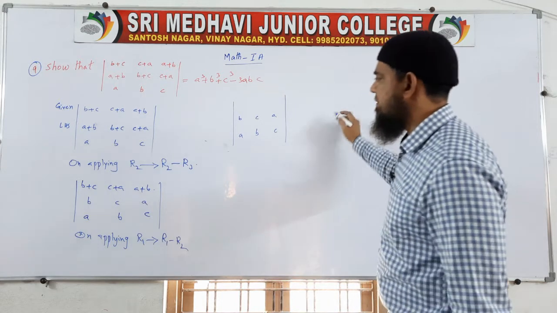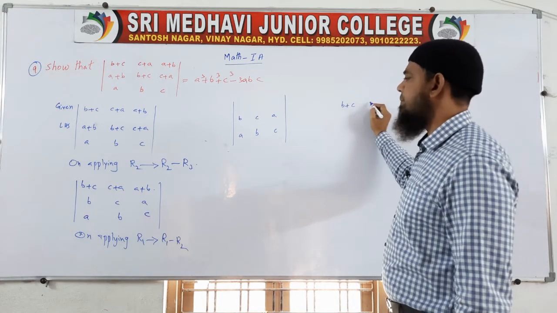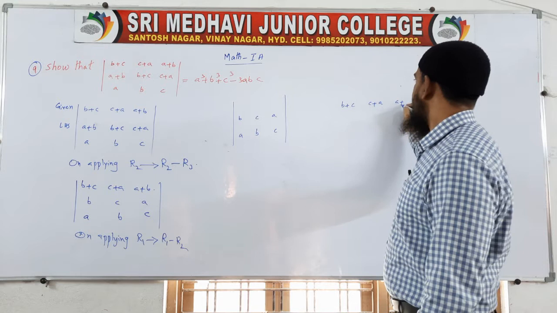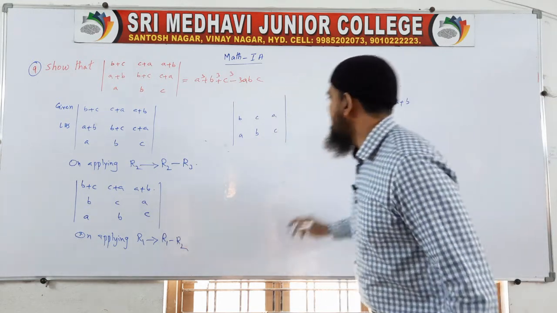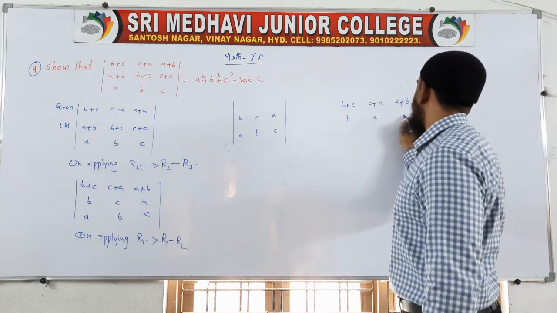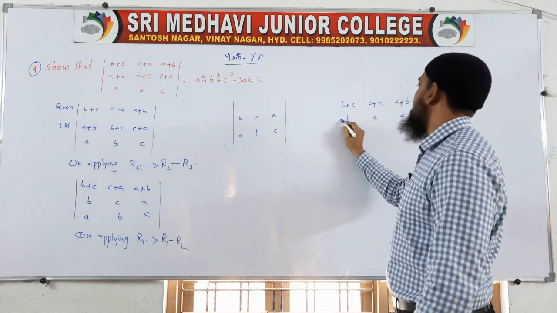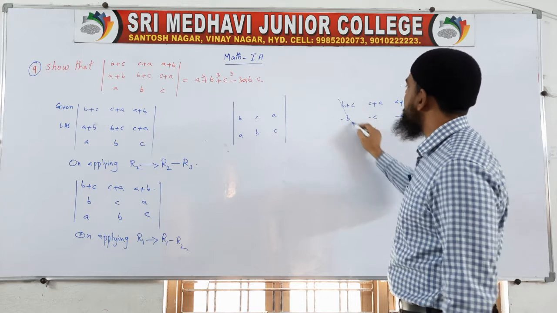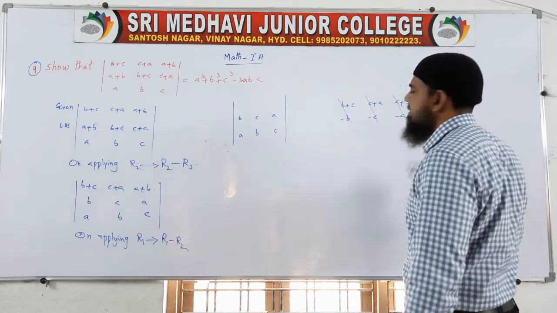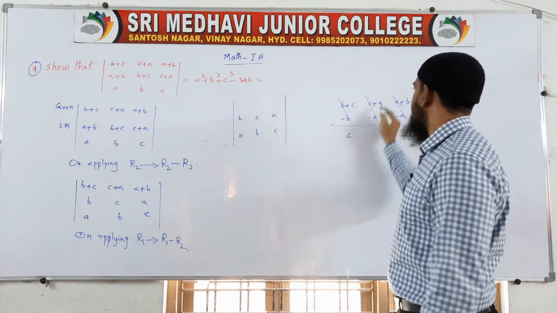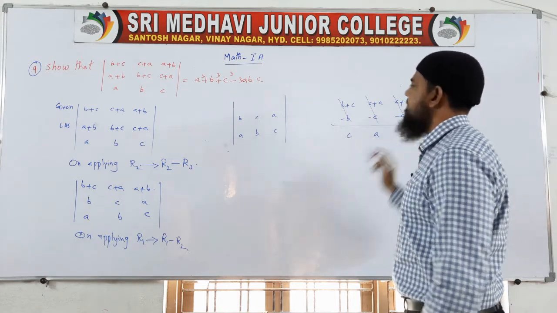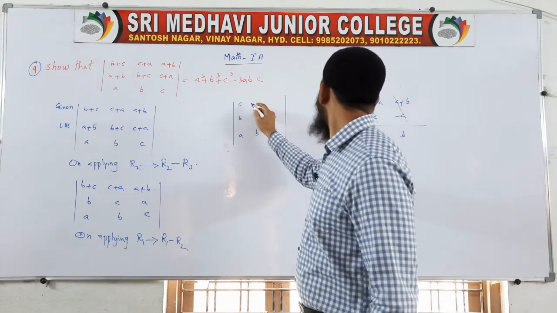What is the rough work? First of all I am writing R1, b plus c, c plus a, a plus b. From R2, b, c, a. You are subtracting, no? So minus b, minus c, minus a. c plus b minus b, plus c minus c, plus a minus a, cancel. What are the remaining letters here? Here plus c, here plus a, here plus b. That I am writing in place of R1, c, a, b.